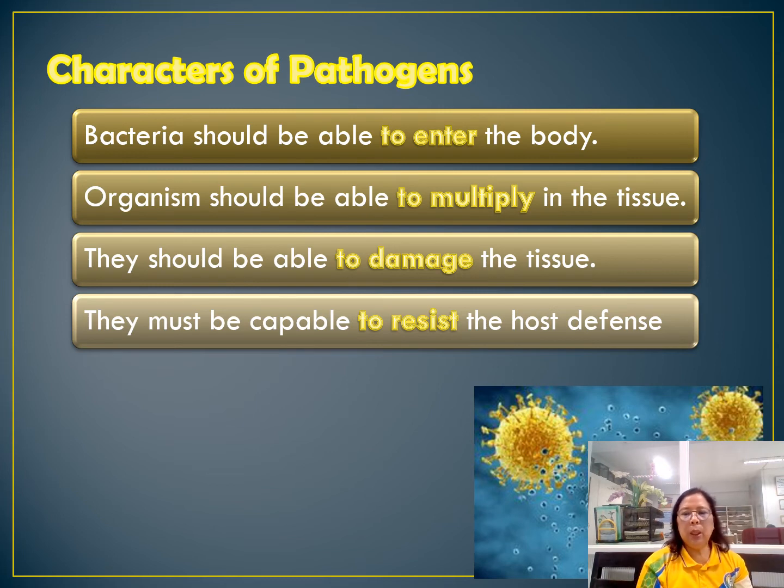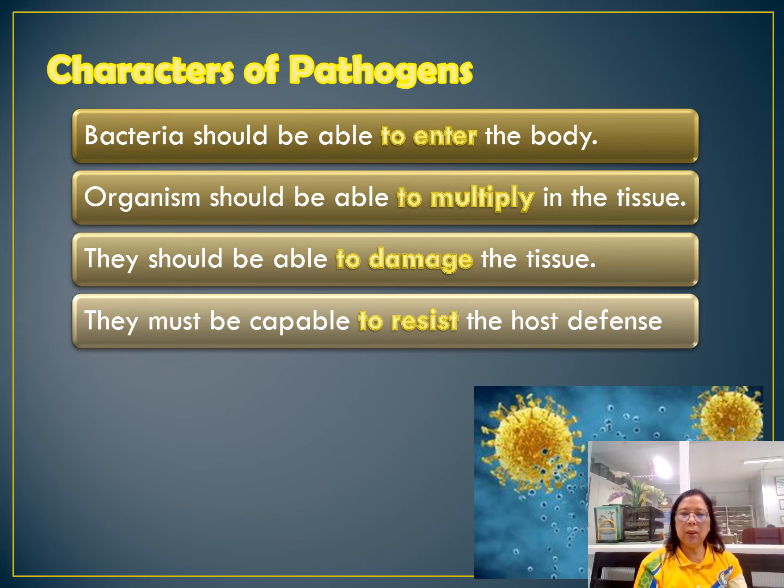The bacteria should be able to enter the body. The organism should be able to multiply in the tissue. They should be able to damage the tissue. They must be capable of resisting the host defense.